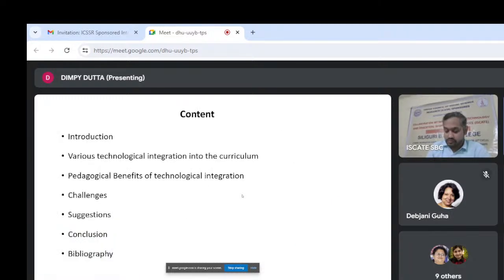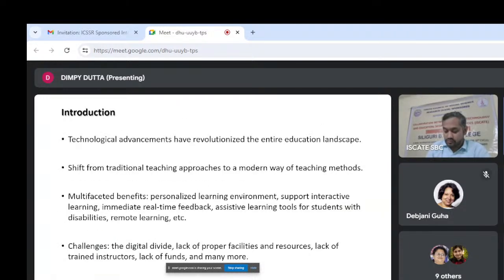As we all know, in recent years there has been a rapid advancement in technology which has revolutionized the entire education landscape. Today's integration not only focuses on adapting technological devices, but it also serves as a fundamental shift in pedagogical approaches, teaching techniques, different strategies, and management.